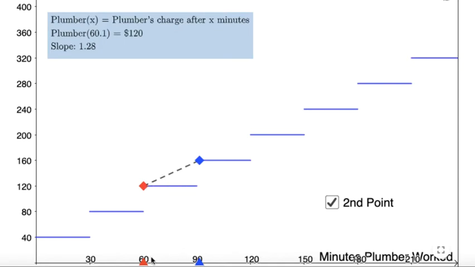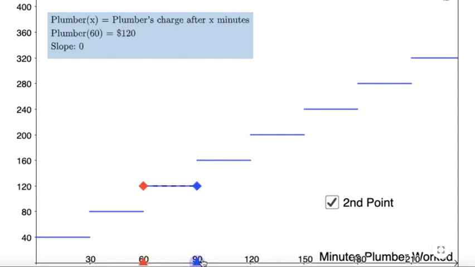So what it's saying right now is when we went from 60 minutes worked to 90 minutes worked, our slope was 1.27. So let's think about what that means.